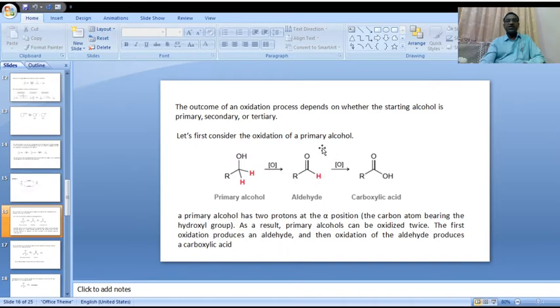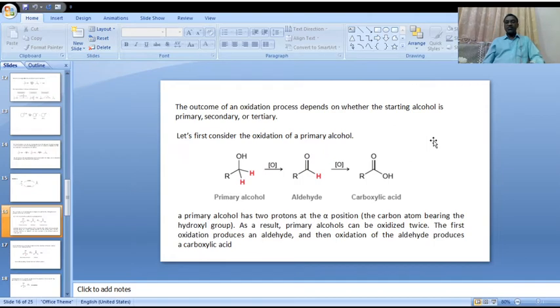Is it clear? In the first step of oxidation it produces the aldehyde functional group, and the oxidation of the aldehyde in the second step produces a carboxylic acid.